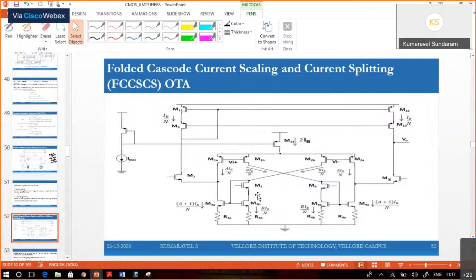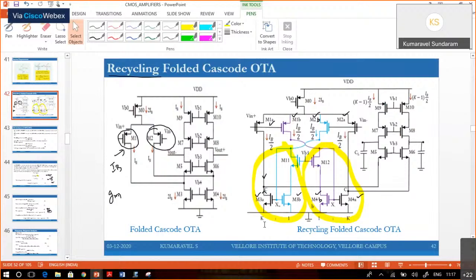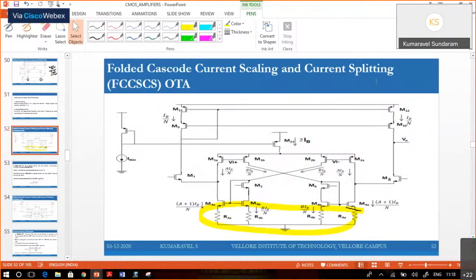And then the same architecture has been used for the recycling folded cascode. For the recycling folded cascode, if you observe, I have added a source degeneration resistor. If you add source degeneration resistors to this, it becomes like folded cascode with current scaling and current splitting. Here also the gm is more, more current is going to flow through M3A and M3B, due to which the noise contribution of M3A and M3B will be more.